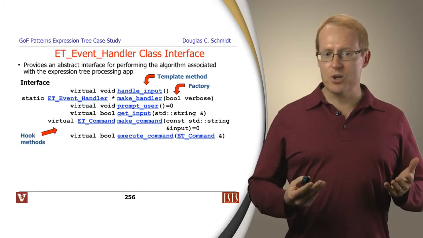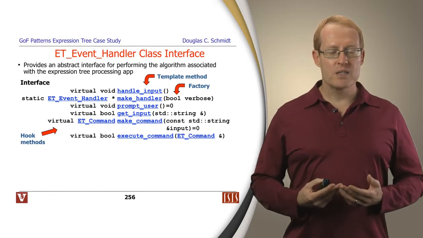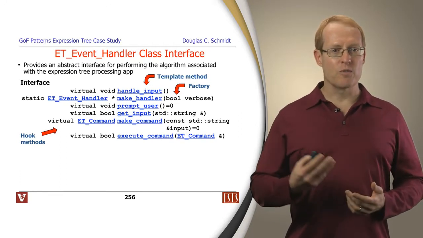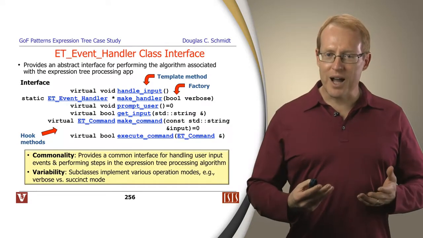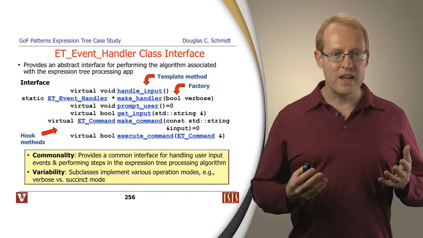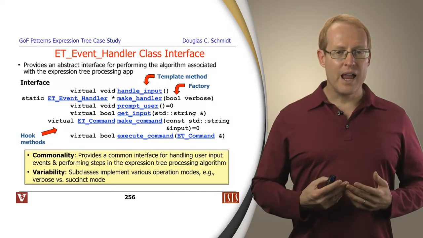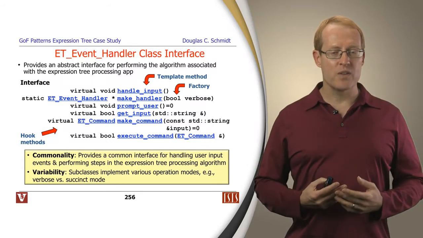And then we have the various hook methods, which, as you can see here, are defined as virtual methods, some of which are pure virtual, some of which are virtual and have default behaviors associated with them. From a commonality and variability point of view, this class provides a common interface for handling user input and being able to deal with the steps for performing the actions requested by the user.